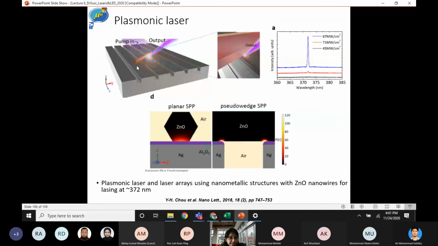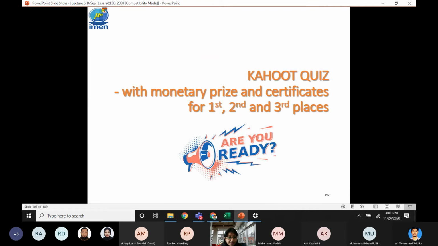Okay. Plasmonic laser, this is using a zinc oxide nanowire. The emission wavelength occurs at about 372 nanometers, which is an ultraviolet wavelength. So zinc oxide nanowires can be used to produce lasers. Okay, that's it for my slides.